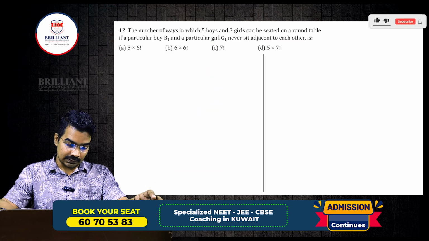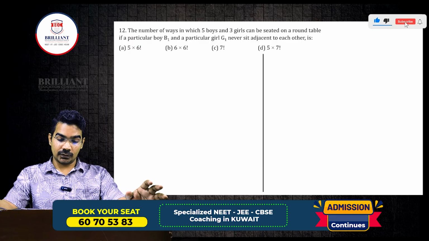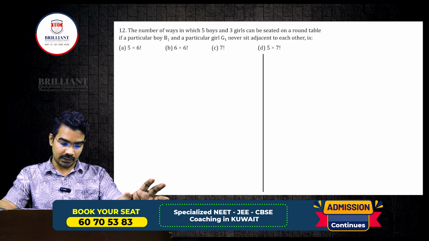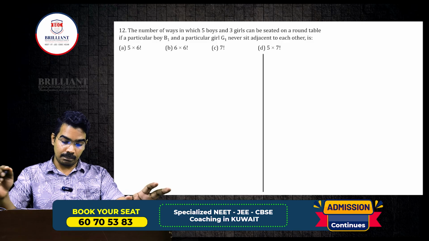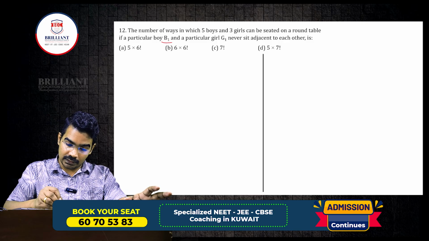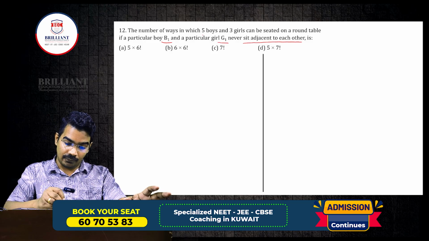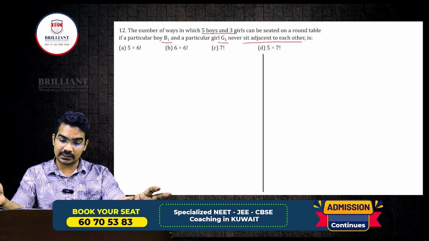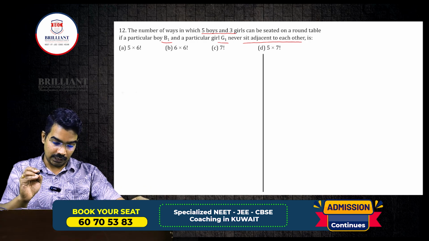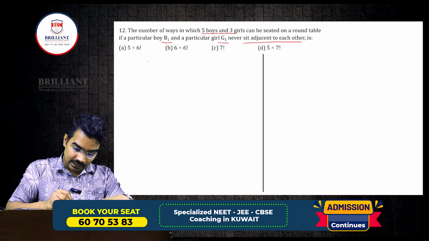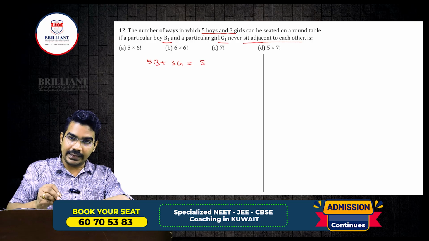So the next question is, the number of ways in which 5 boys and 3 girls can be seated on a round table if a particular boy B1 and a particular girl G1 never sit adjacent to each other. So we have 5 boys and 3 girls seated around a round table. 5 boys plus 3 girls, how many do we have? 8.